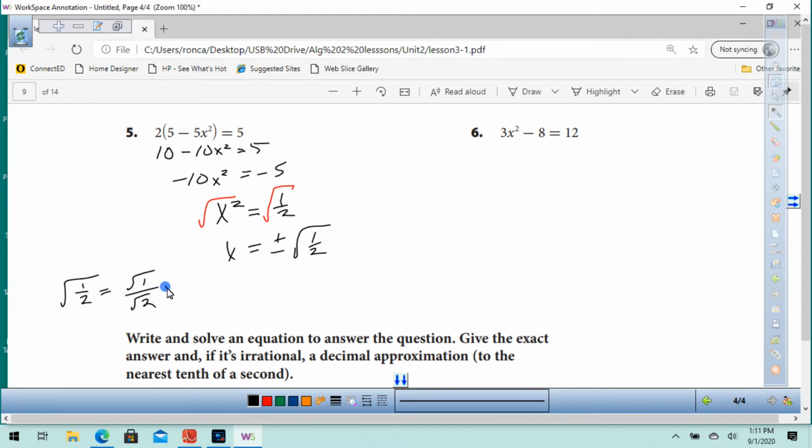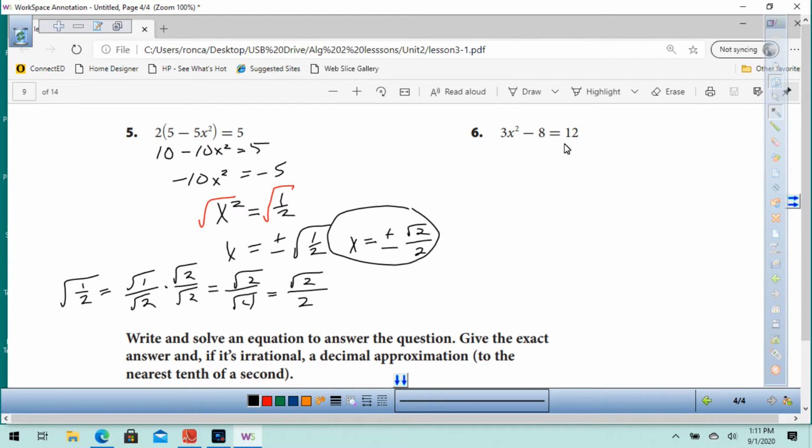So now we're going to multiply that by the square root of 2 over the square root of 2. The square root of 1 times the square root of 2 is just the square root of 2. The square root of 2 times the square root of 2 is the square root of 4. And that's going to end up being the square root of 2 over 2. So your answer is going to be x equals plus or minus the square root of 2 over 2. And that's your final answer.